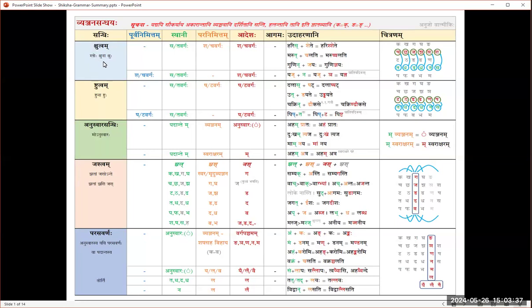Stu varnanam Shchu varnasya sakashe Shchu bhavati. So Sakara and Tavarga letters in the presence of Shakara and Chavarga letters will take the form of Shakara and Chavarga letters. That's all it says. Of course, this is the primary sutra.